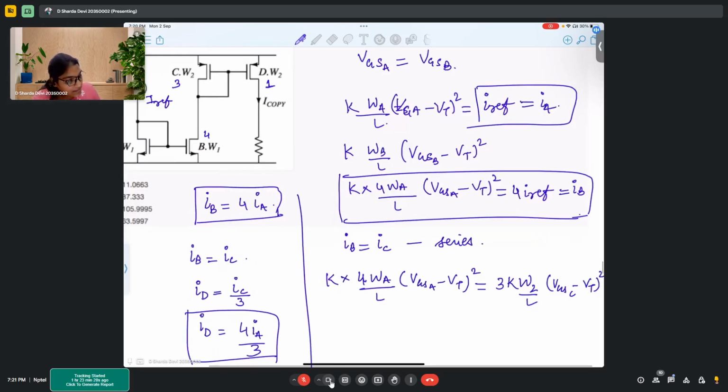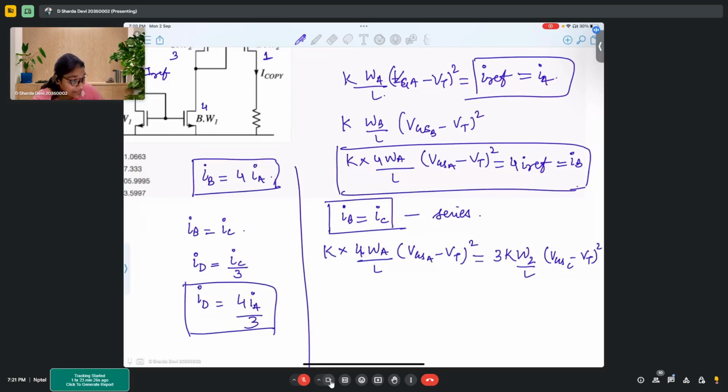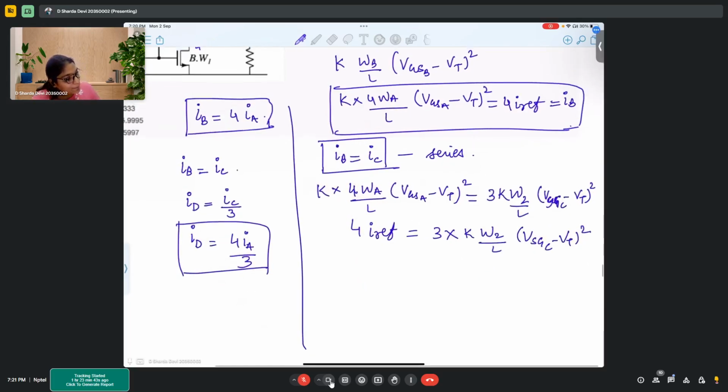So this comes from the series. So this is basically IB equal to IC. So this is 4 times of IREF equal to 3 into K W2 by L, VGSC minus Vt whole square.